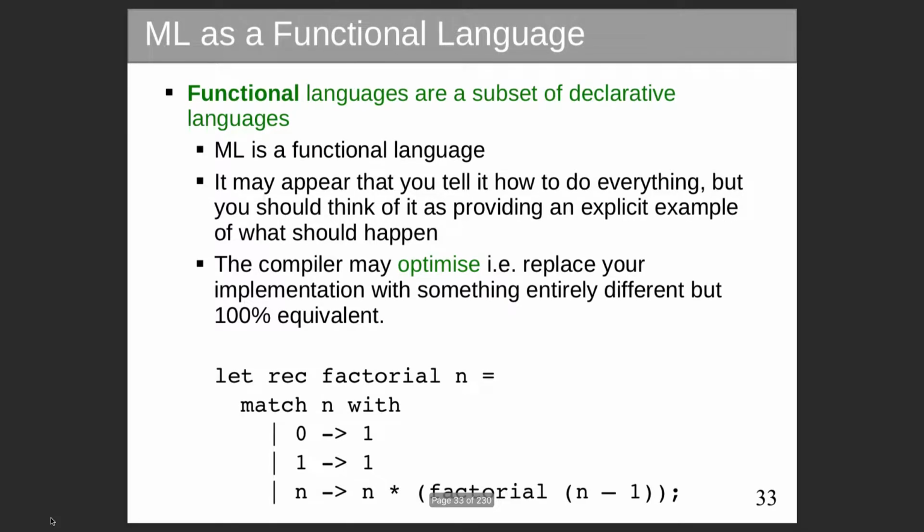Right. So functional languages are a subset of declarative languages, and OCaml and SML are functional programming languages. It may appear that you're telling ML what to do, but really what you're doing is giving it an example of what you want to happen. You're saying, if I get the factorial of 1, then the example of what you give back is 1.